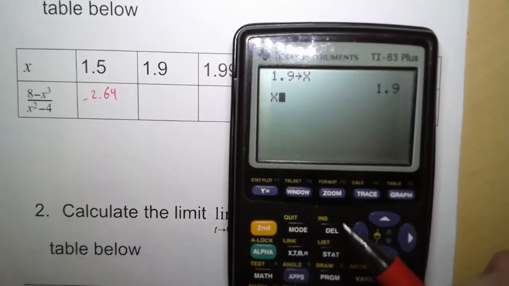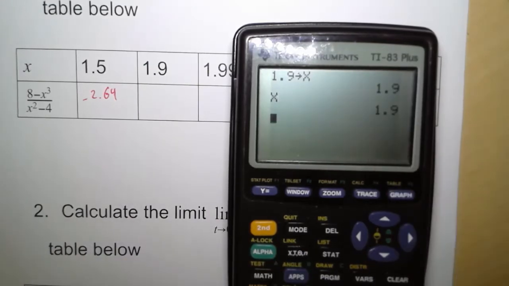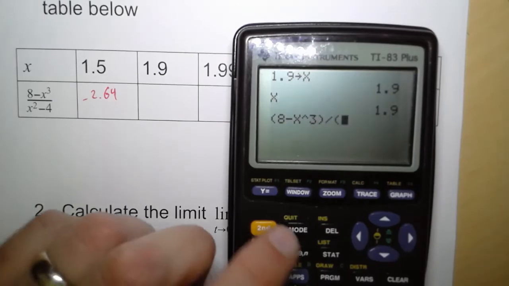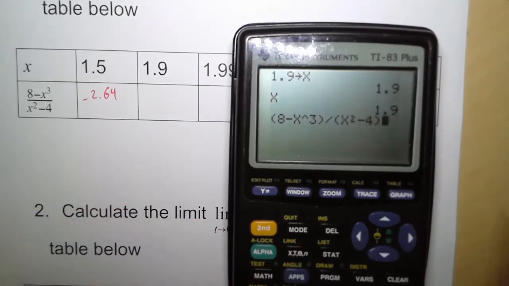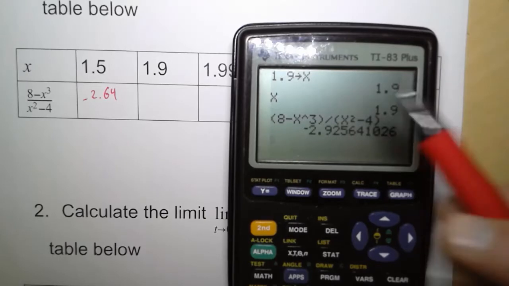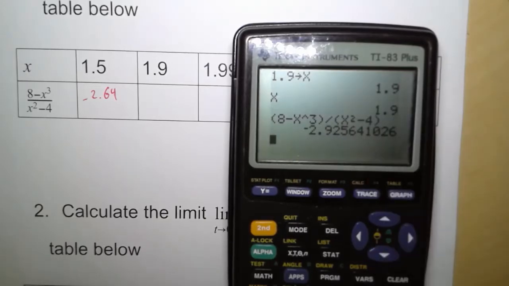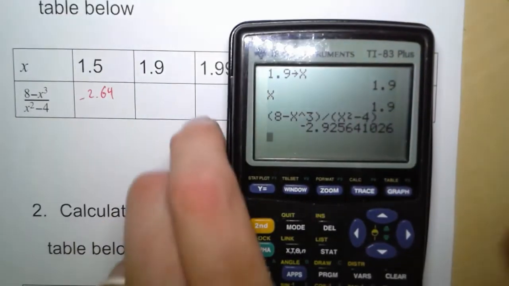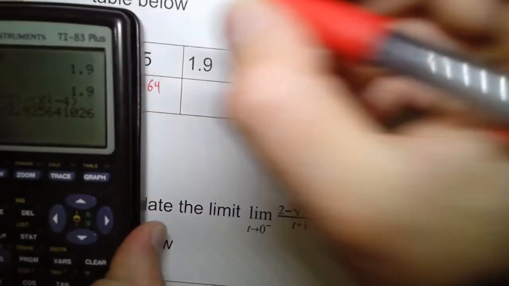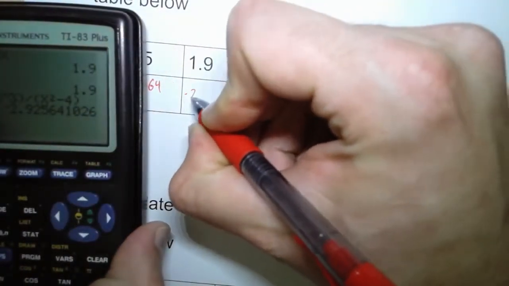Now, anytime I press x, it's going to substitute 1.9 in its place. So now I'm going to type 8 minus x cubed divided by x squared minus 4. It gives me this number because it plugged in 1.9 instead of x. So I put negative 2.92 right here.